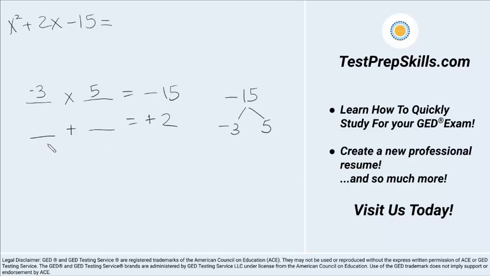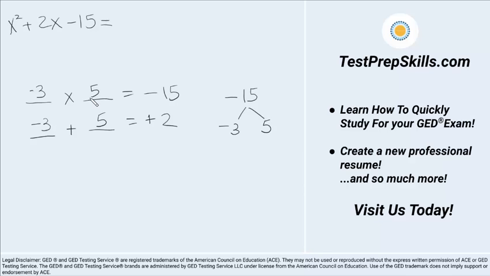What about down here? If we add negative 3 to 5, do we get positive 2? Negative 3 plus 5 actually does equal positive 2, okay? That means that these factors, negative 3 and 5, work, okay?